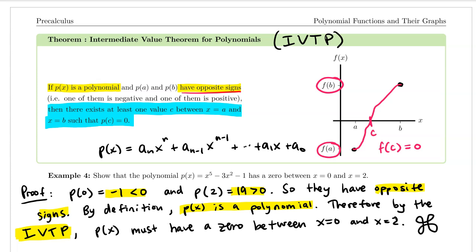So we've explicitly shown that our two conditions for this theorem are met. I also need to name drop the theorem, which I did. I explicitly cited the intermediate value theorem for polynomials. And then I need to state the conclusion, which is this last part here. So those are the nice pieces that we have together for our mathematical proof.